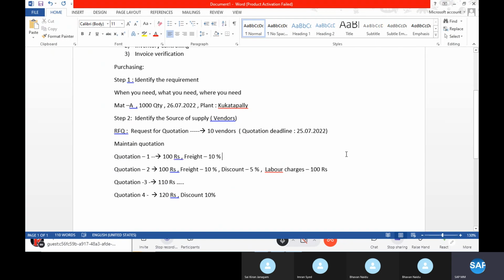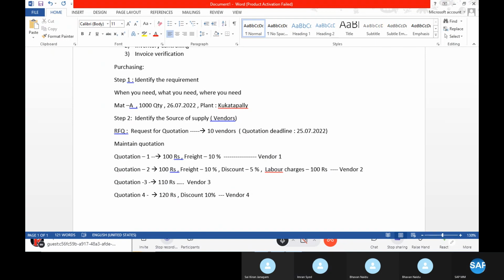Let's assume this is vendor 1, this is vendor 2, here vendor 3, and here vendor 4. So let me know who is the best vendor here.